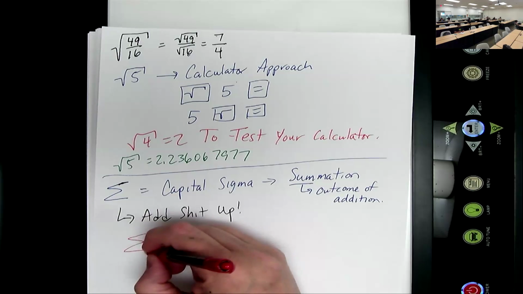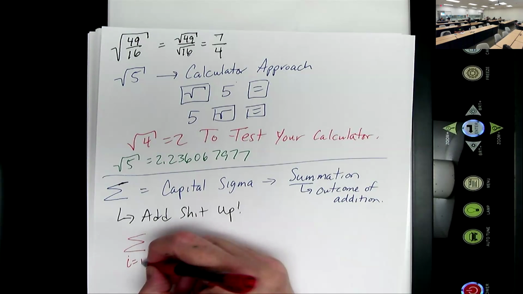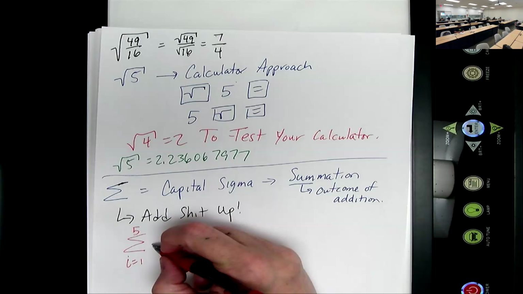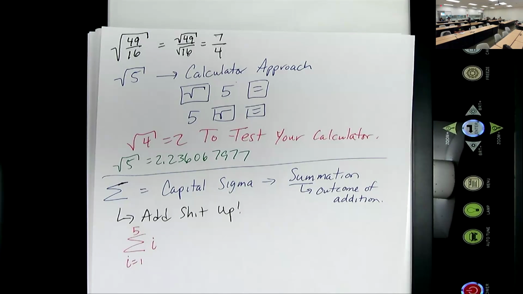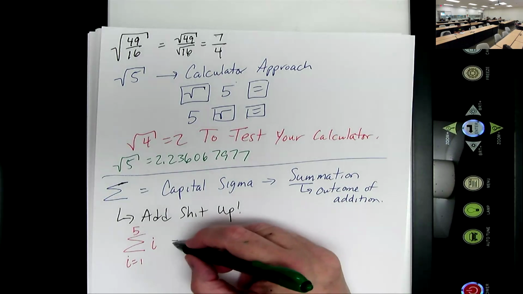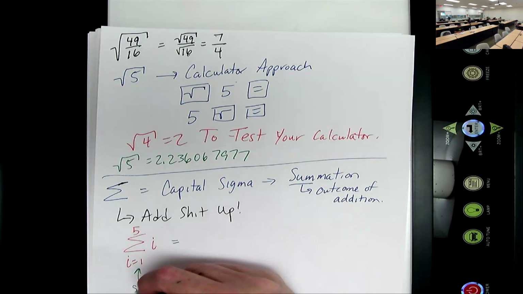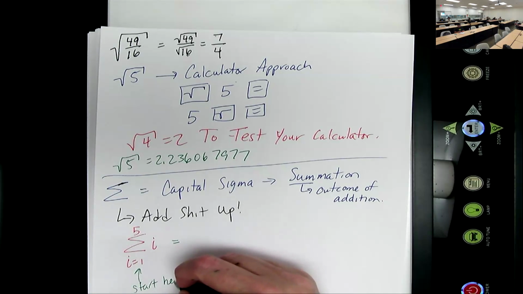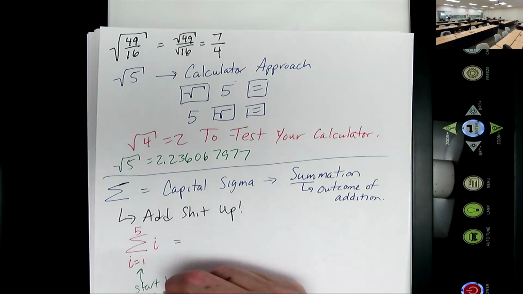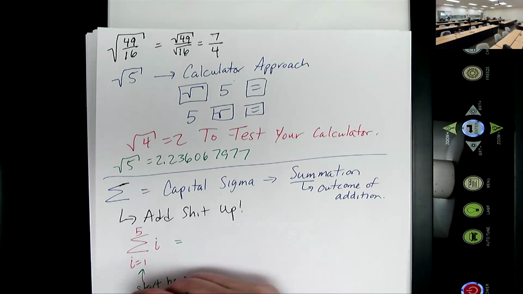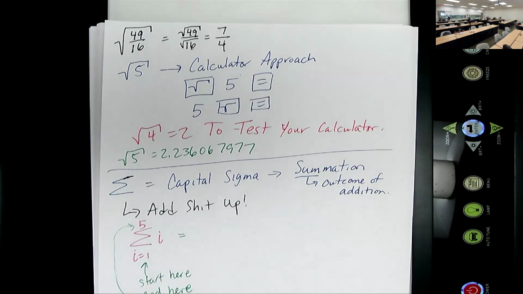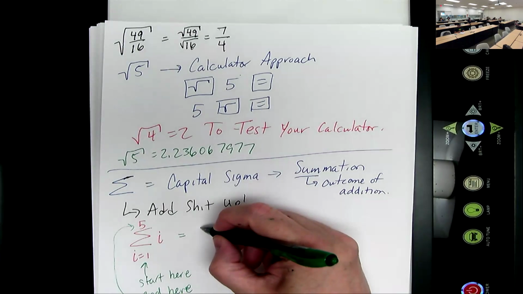If I had something like this, i equals 1 to 5, and I had i here, what this means is to go through and start here and here, and replace i with those values one at a time. i equals 1.